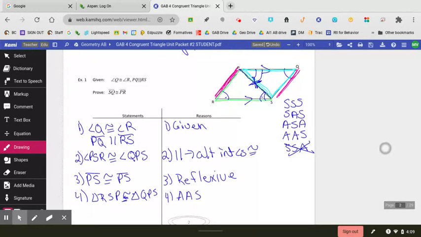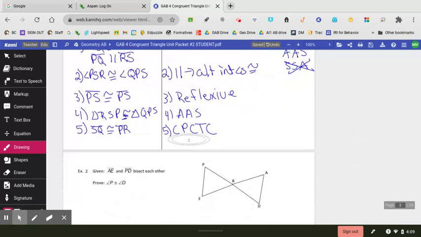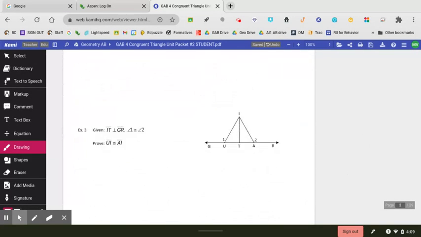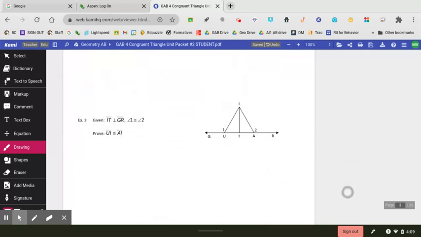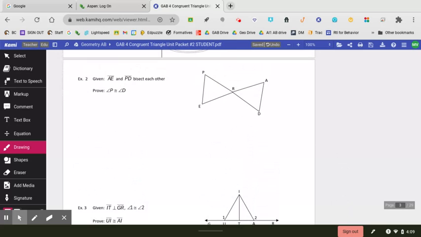And then once I know those triangles are congruent, I can say that SQ is congruent to PR by CPCTC. And that's the end of my proof. There are two more proofs here that I want you to pause and try, and then come back and check your answers.